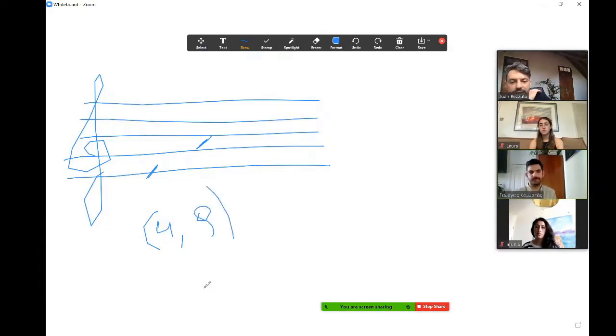Precisely. 4 and 9. The interval class between them is 5 semitones. It's 9 minus 4, just 5. That's the interval class. All right.